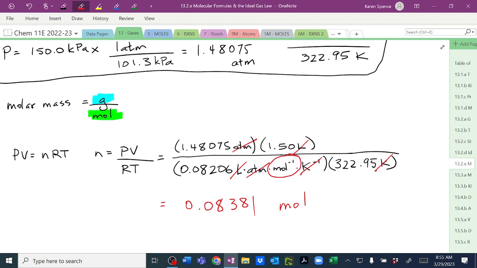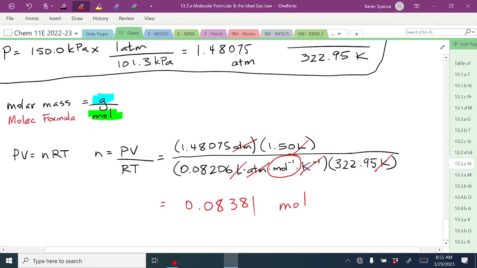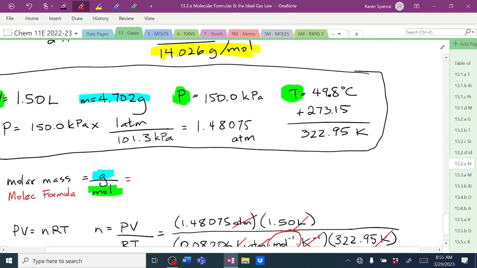So now we can go and we can say we want the molar mass of the molecular formula. And we know that the mass that we have is 4.702 grams.